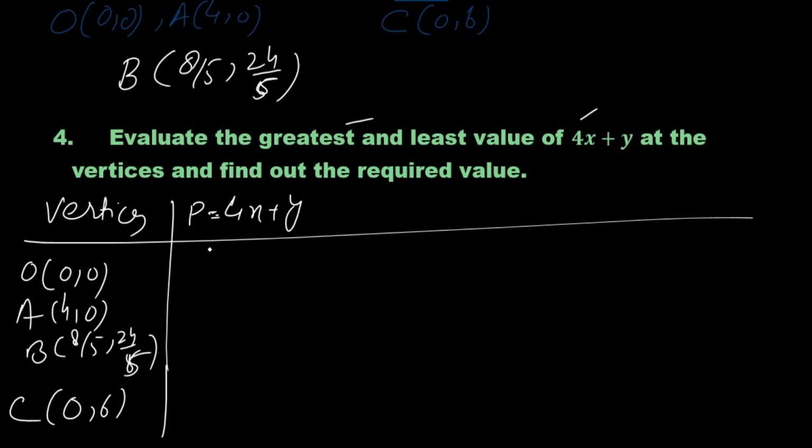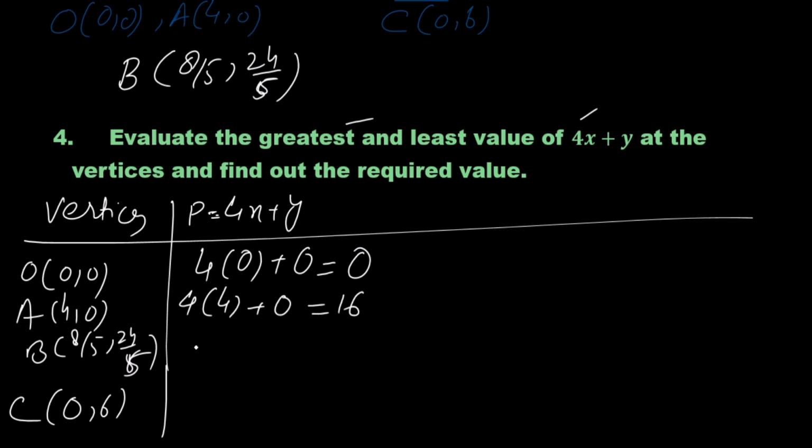Firstly we put the origin in this expression, and it is equal to 0. Now we put the coordinates of A, x is equal to 4, y is equal to 0, and this is equal to 16. The next one, we put x is equal to 8 by 5, y is equal to 24 by 5.